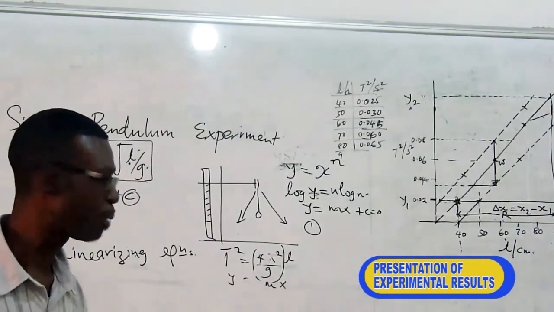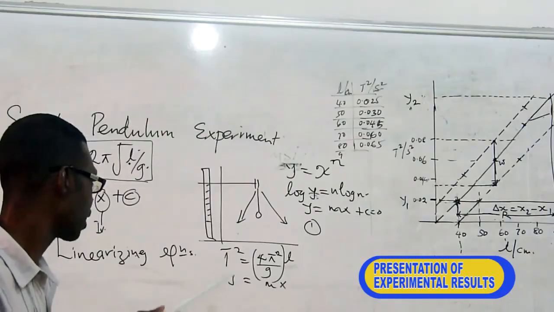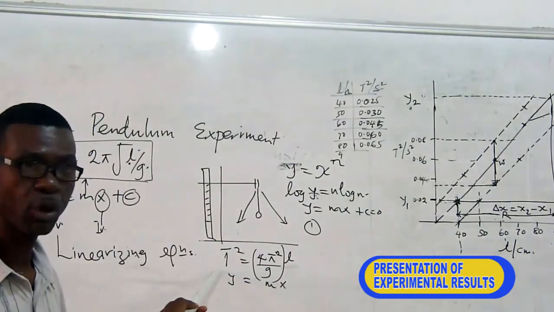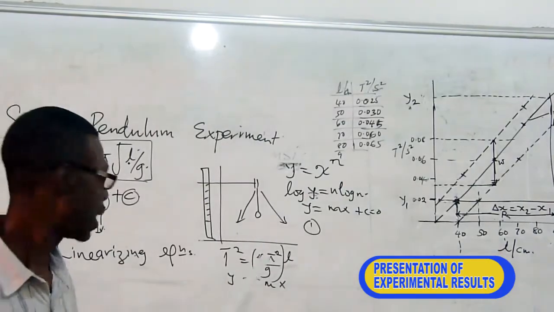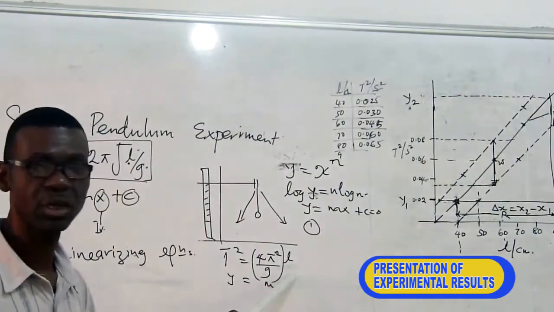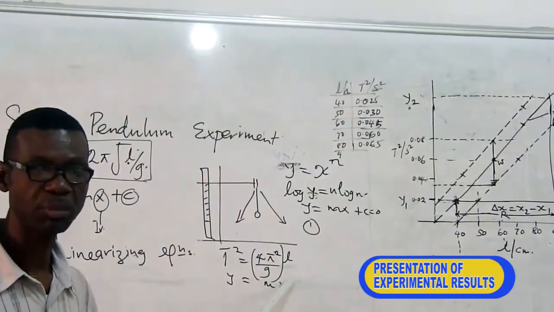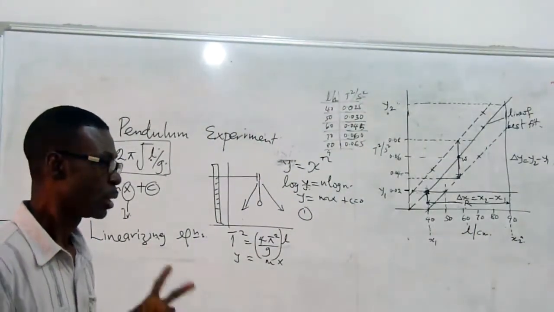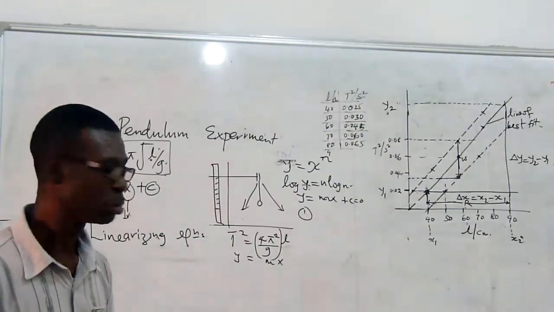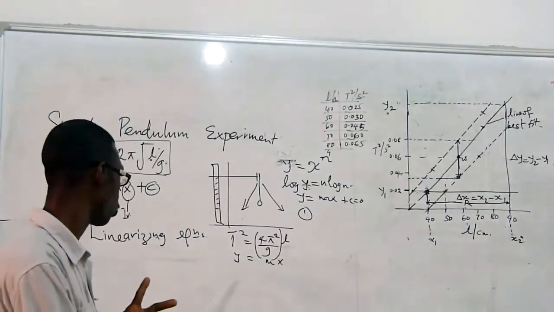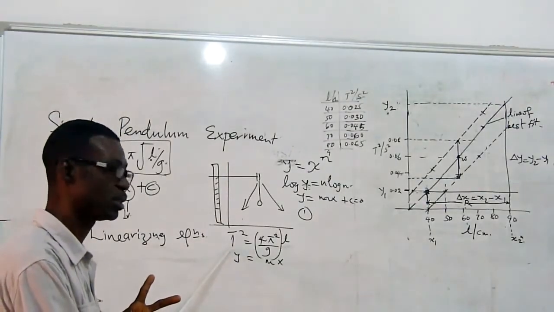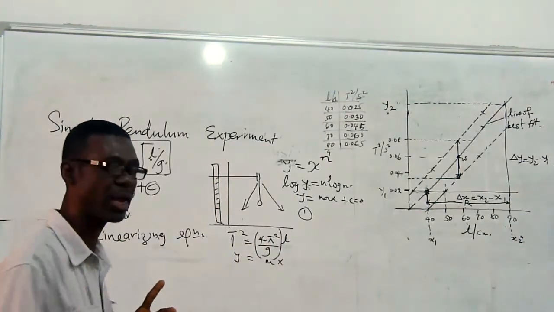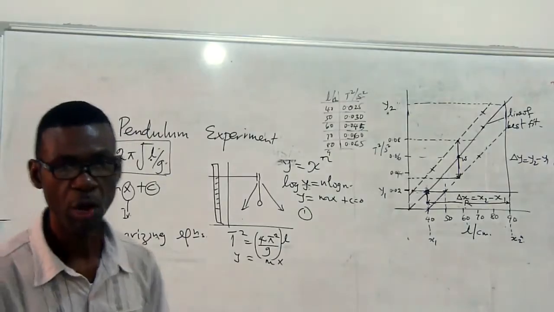Now, in the simple pendulum experiment, I'm expected to measure the time or period of oscillation and then plot it against the length of the pendulum. Meaning that there are two variables. The dependent variable, which is y, or let us say T, is the period, and the independent variable, which is L, is the length of the pendulum.